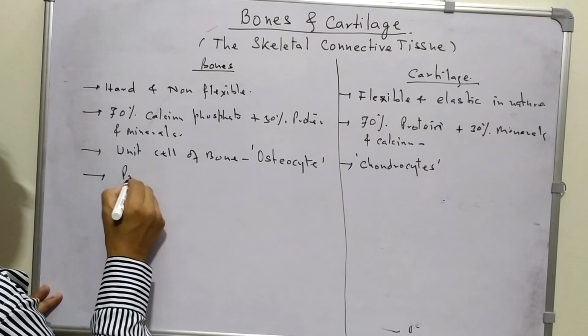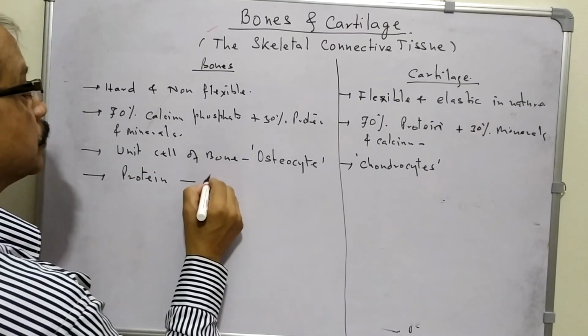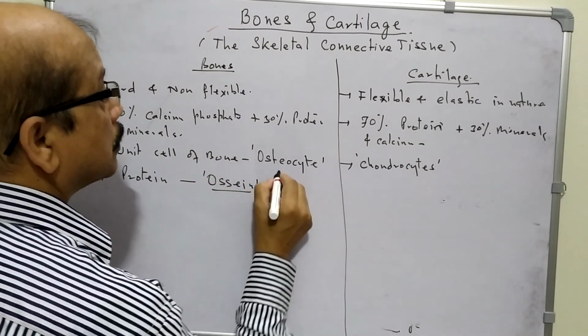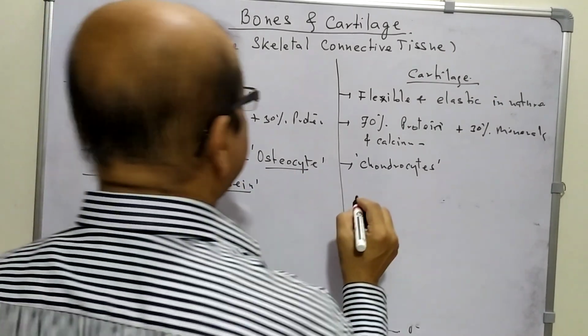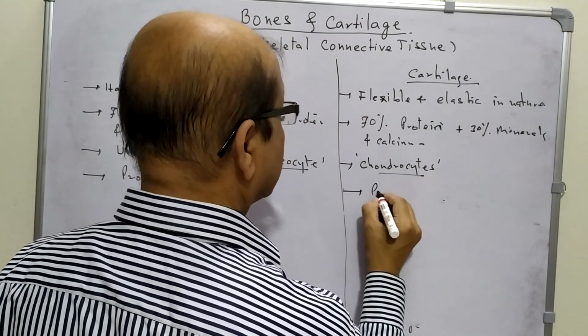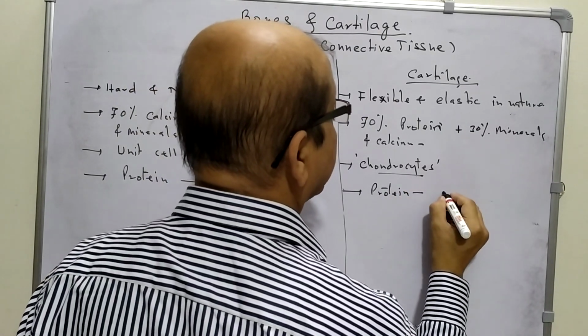The protein of bone is ossein. The protein of cartilage is chondrin.